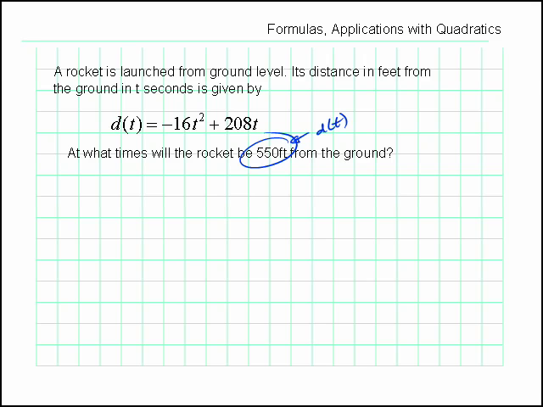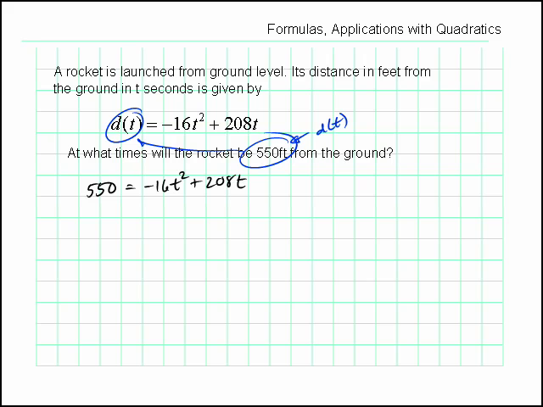And so I'm going to plug the 550 in here, which gives me 550 equals negative 16t squared plus 208t. I have to solve that equation for t. If I do that, it gives me the time at which the rocket is 550 feet off the ground.